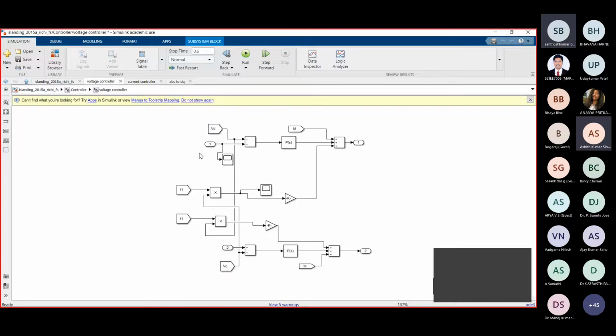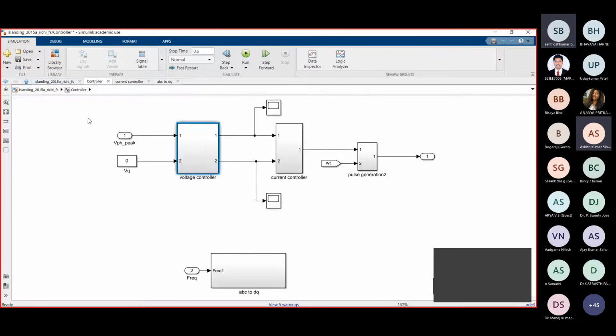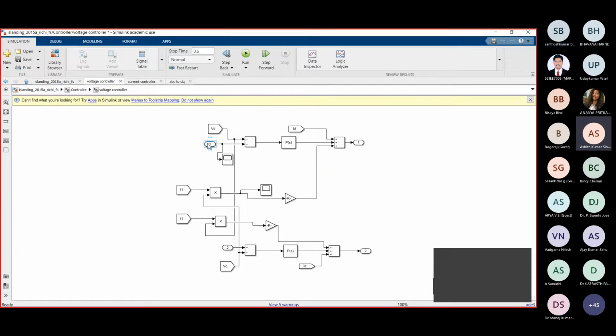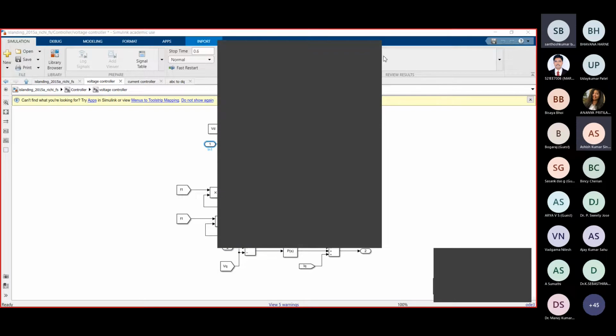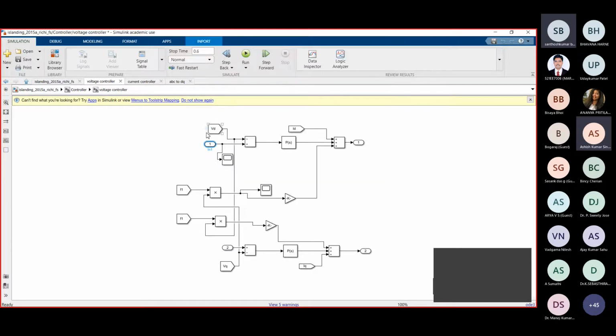Coming to the voltage controller, this VD is the actual value and this one coming in is the reference value. By comparing VD and VD reference, we get some error.